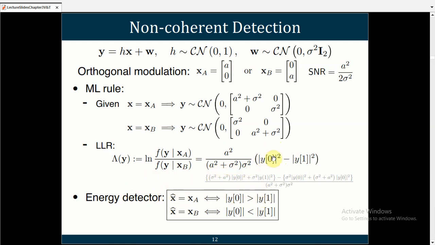From the energy detector, the estimated transmitted signal X is equal to XA if we compare the energies of the received signal at timestamp 0 and timestamp 1. So if the absolute value of y0 is greater than that of y1, we estimate it to be XA. If y0 is less than the absolute value of y1, then the transmitted signal is XB.